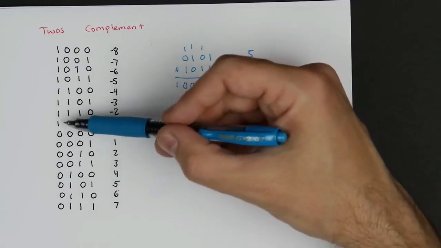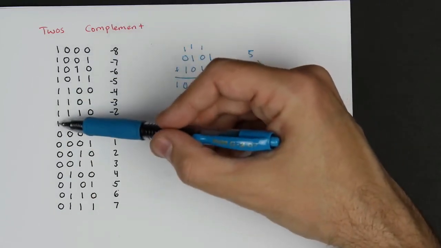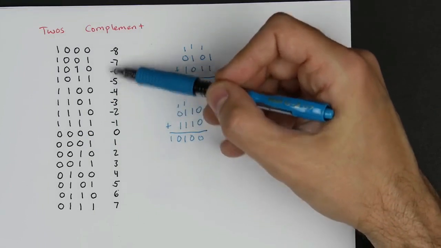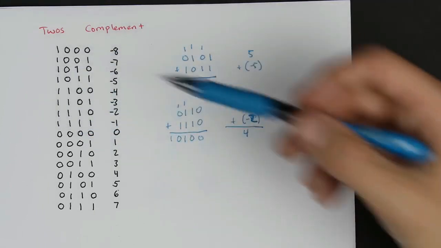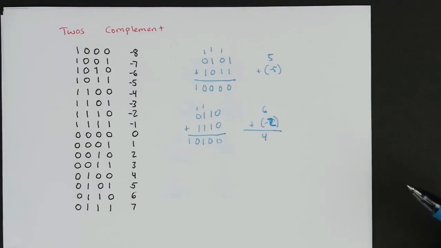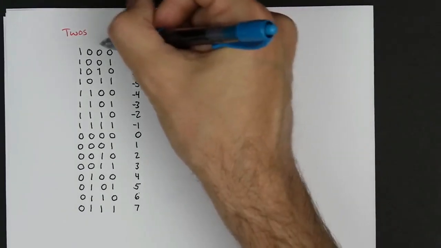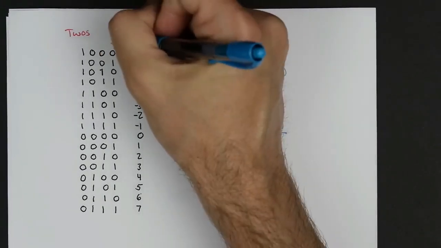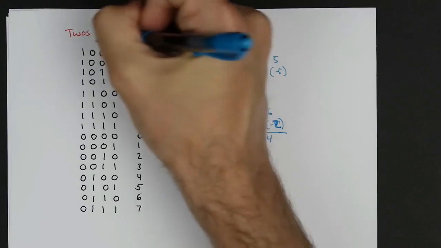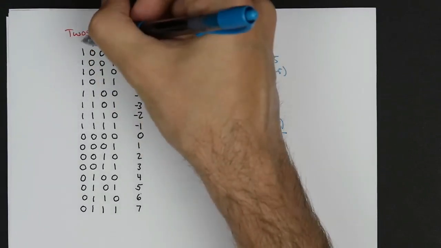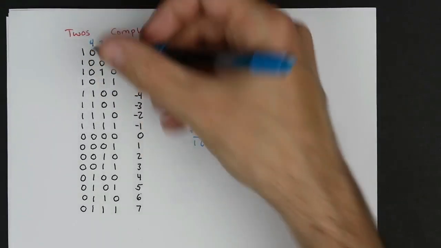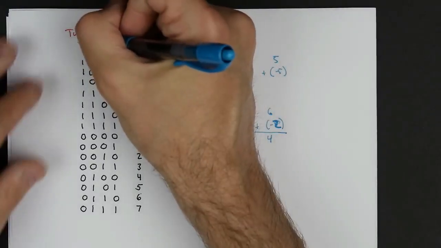It also has this nice property, again, that the first bit is a sign bit, because all of these negative numbers have a 1 there. And what's even more interesting about 2's complement is if you look at the place values, it actually makes sense. This is our 1's place, this is our 2's place, this is our 4's place. And this place here, it looks like a sign bit, but really it's a -8's place.